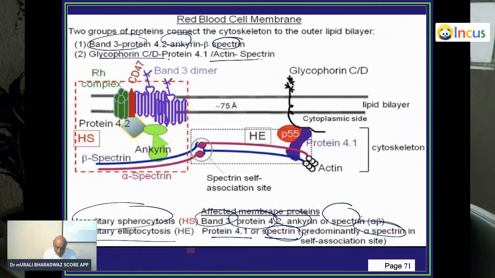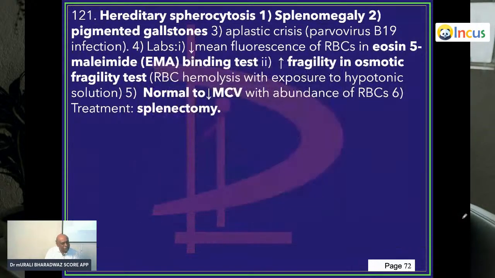Sai Krishna Reddy. Yes, very good. Parvovirus. Parvovirus is responsible for aplastic crisis. You should not forget such things. Favorite question: Parvovirus B19.